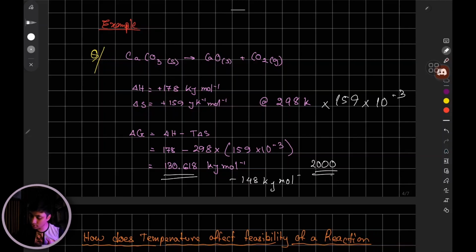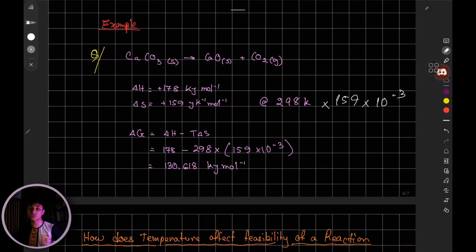So if you use 2000 kelvins, this part of the expression becomes more negative, which is why at the end of the day, your change in Gibbs free energy is minus 148. That means if you increase the temperature in this case, the reaction will be more feasible.